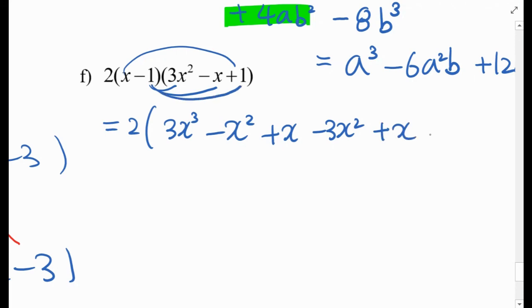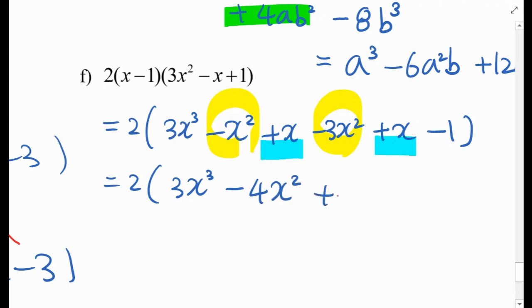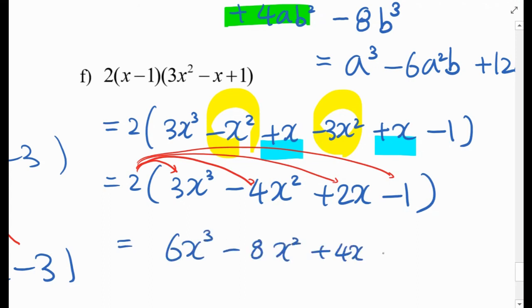Negative 1 times positive 1 is negative 1. Collect the like terms. This one and this one, they are like terms. It becomes negative 4x squared. And this one, 2x minus 1. And then now you distribute 2 into the bracket. So it becomes 6x cubed, negative 8x squared plus 4x minus 2.